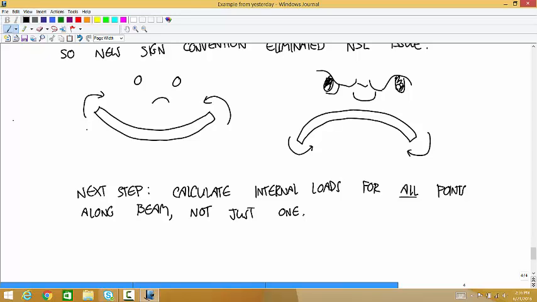So what we want to come up with is to represent the location along the beam as an x value, and then represent these things as functions of x.